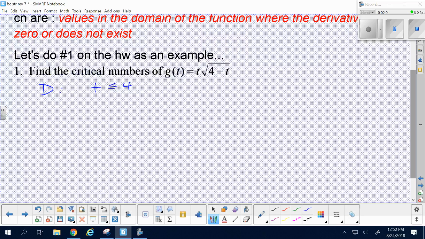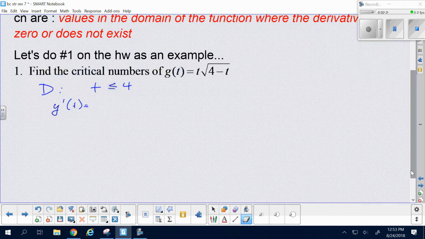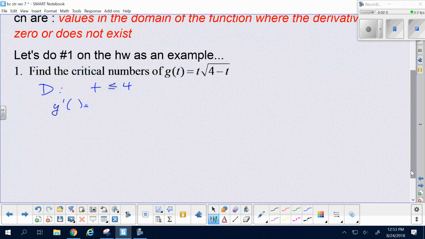When we go to take the derivative here, g prime, what derivative rules will we need to employ? Product rule, and because the second is a function within a function, we'll also have to use the chain rule. It's actually a couple functions within a function. So, would you take that derivative and then start doing a little algebra cleanup to find the critical numbers?